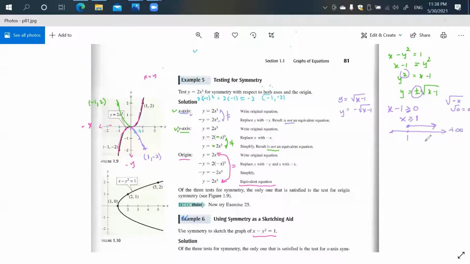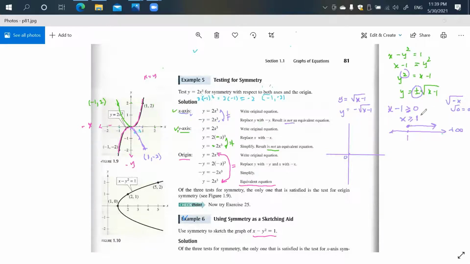So when we plot the graph here, this is 0. x is greater than or equal to 1, so x has to start from 1.